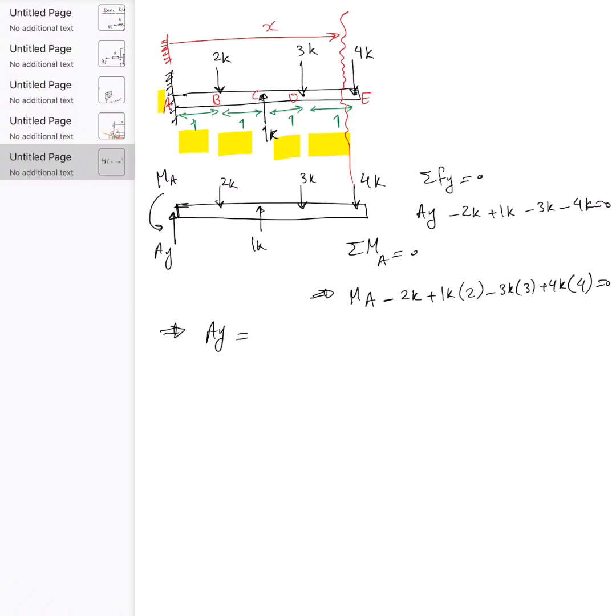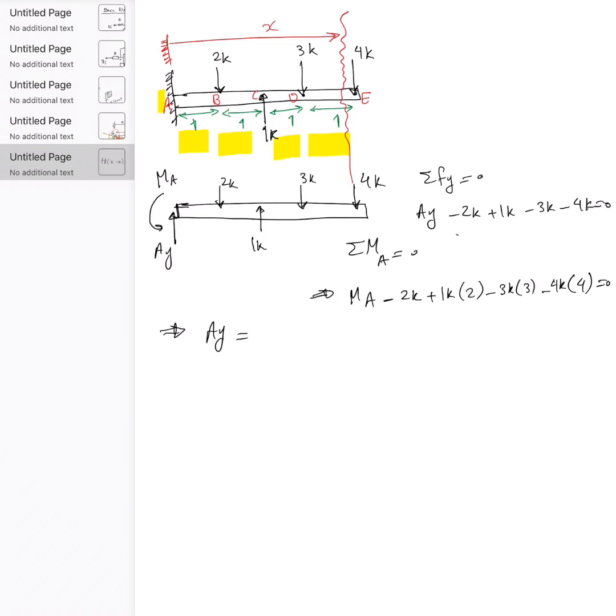MA, negative 2 plus 1K times 2, negative 3 times 3, negative 4. I was suspecting something is wrong, and it is. This should be negative. So MA, negative 2K times 1 plus 1K times 2 negative 3K times 3 negative 4K times 4 is equal to 0.